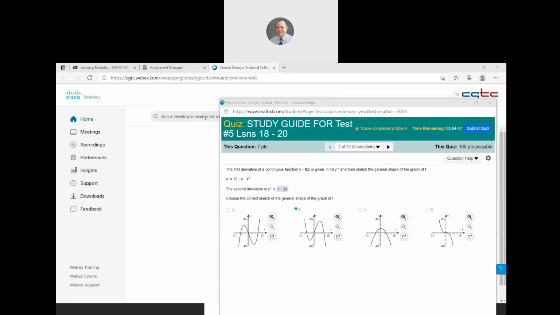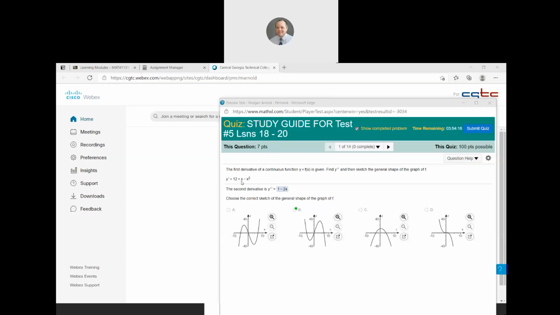Question 1. The first derivative of a continuous function y equal f of x is given. Find y double prime, that means find the second derivative, and then sketch the general shape of the graph of f. All right, the second derivative: the derivative of 12, that's a constant, so that would be 0.